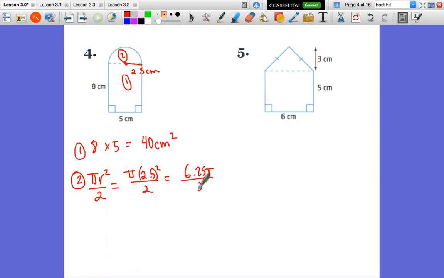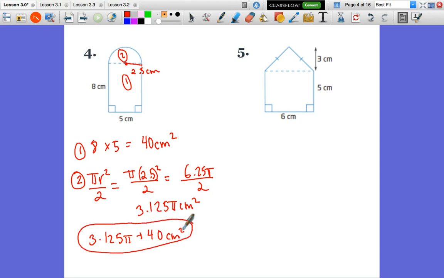Pi divided by 2, which is going to give me 3.125 pi centimeters squared, and I'm going to be adding them. 3.125 pi plus 40 centimeters squared would be a beautiful answer. If you really want to round it, do it in the last step.